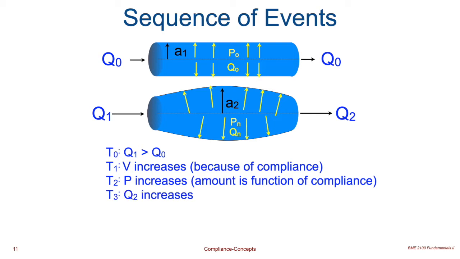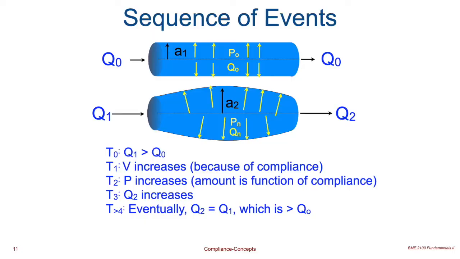Takes a little bit of time, but if Q1 increases, initially most of that new blood will just go into opening up the vessel. But eventually the vessel will reach the end of its increase in volume because the pressure difference has also reached its maximum. And at that point, Q2 will start to go up. So Q1 has gone up, Q2 is going to go up and follow it with some delay.